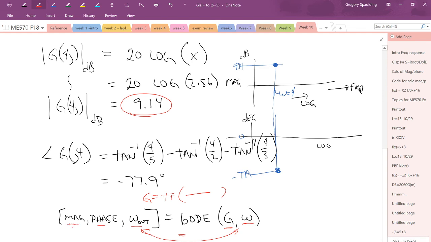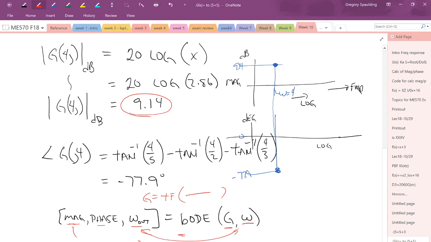Now, be careful. This magnitude is not in dB, and so in order to convert it to dB to check your answers, there's a command in there, let's see, something like mag to dB, something like that, of a value.